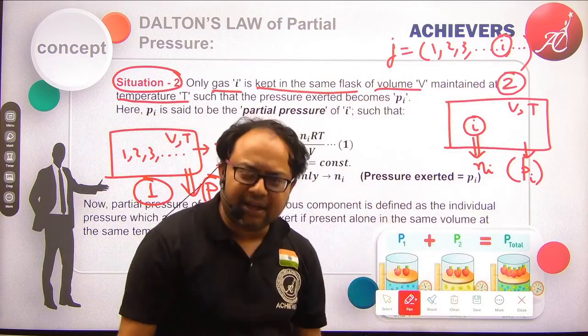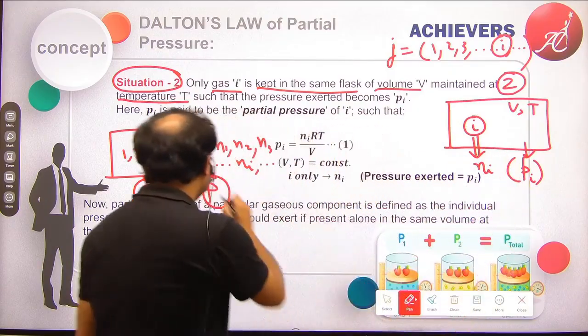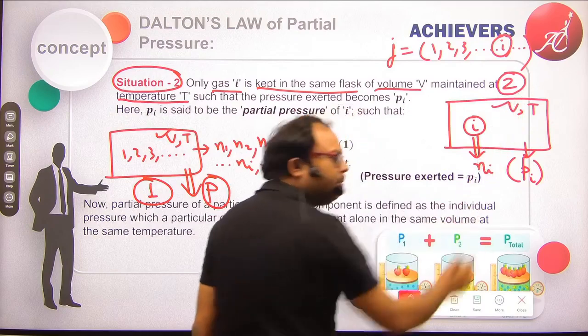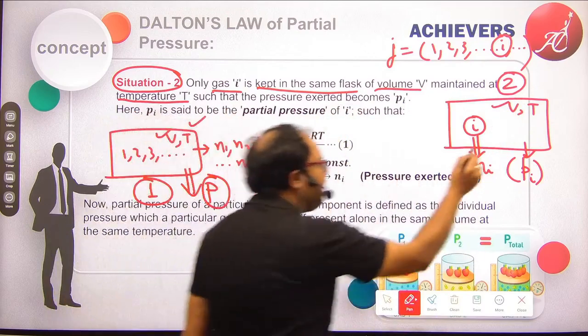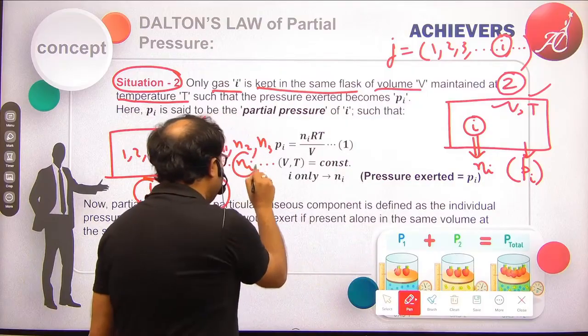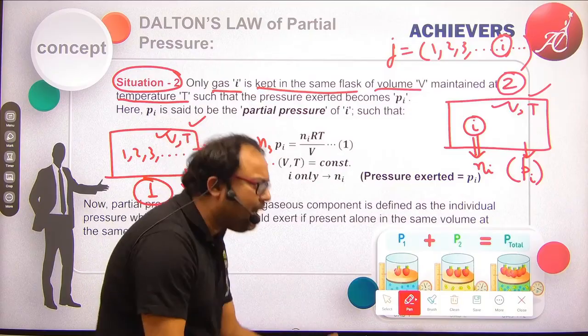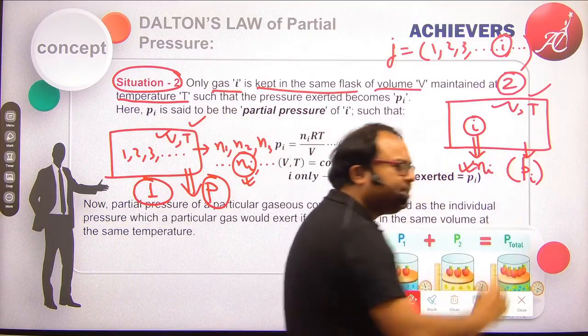Say you have chosen gas I, you have kept gas I over here, but you have maintained the same volume, the same temperature, and even the number of moles of gas I in the first situation is the same as that in the second situation.